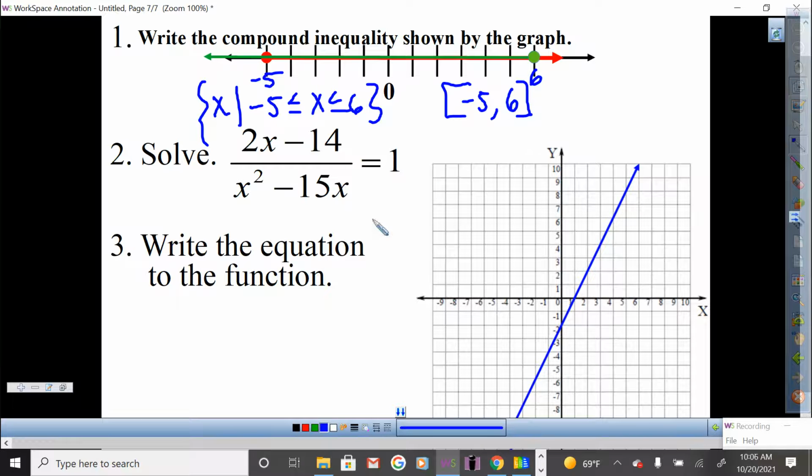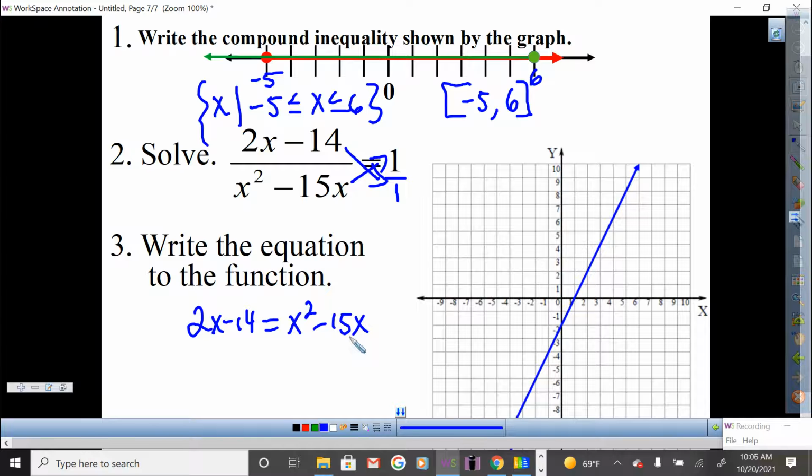How about number 2? Alright, I'm going to go over that one. We have a fraction equal to another fraction, is that correct? So we can cross multiply. That gives me 2x minus 14 equals x squared minus 15x.